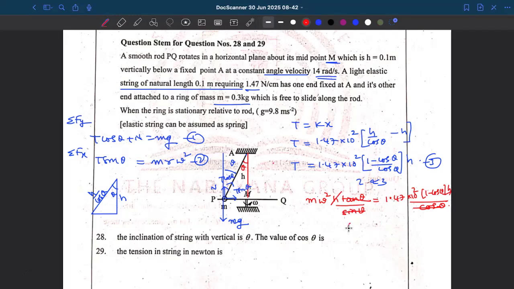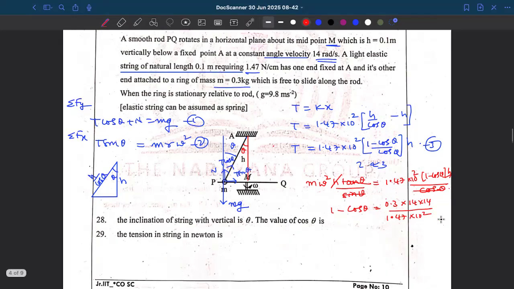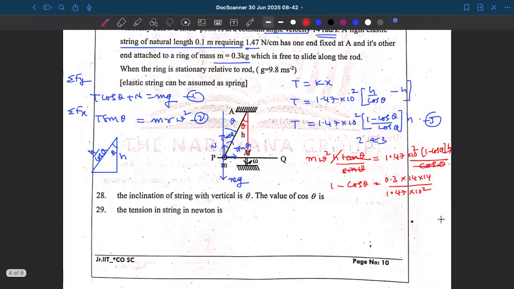By solving which, you will get the cos theta term, 1 minus cos theta term, as mass and so on. What is mass? 0.3. What is omega square? 14 into 14, divided by 1.47 into 10 square. Anything that you can give me as good values from here? 147 you have.